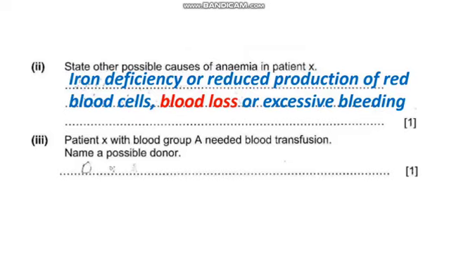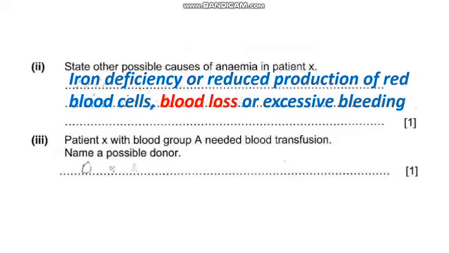Let us now move on to our last question. So our last question reads, patient X, at blood group A, needed blood transfusion. So here we are told that patient X with blood group A needed blood transfusion. Name a possible donor. So first of all, we need to understand what blood transfusion is.